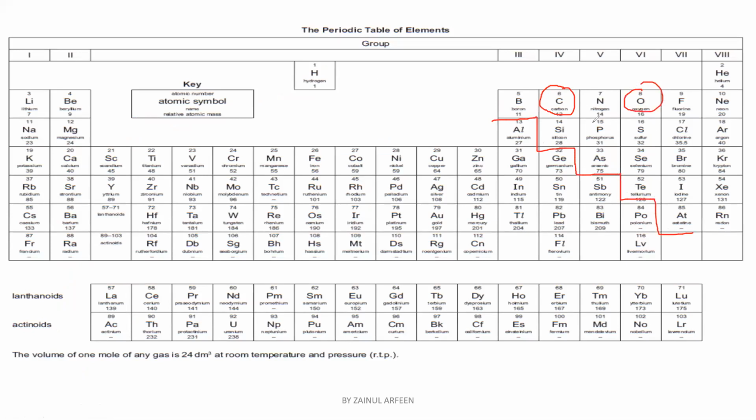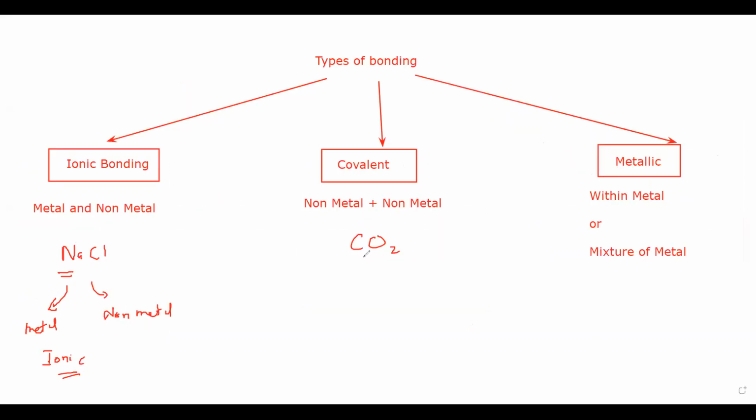So both of them are non-metals. Carbon is a non-metal, oxygen is also a non-metal. So when two or more non-metals are together, what kind of bonding do they have? They will have a covalent bond.